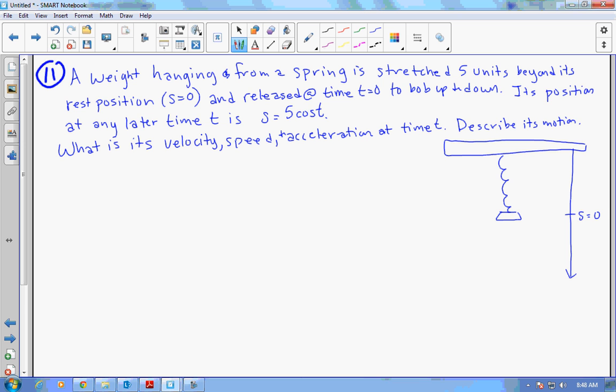It is stretched 5 units beyond its rest position, so that'd be S equals 5. And it's released at time t equals 0 to bob up and down. Okay, so what is the velocity?